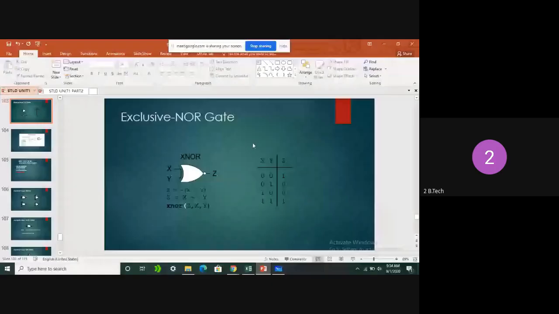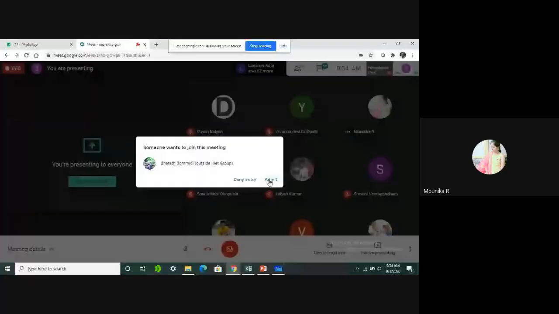In the previous exclusive OR gate, if both are the same, the output is 0. But here, if both are the same, the output is high. If both are different, the output is logic zero. That's why this gate is also called the similar gate. Clear, all of you? If both inputs are similar, then only it is going to produce a high output. So this is entirely opposite to what we discussed in the previous topic.